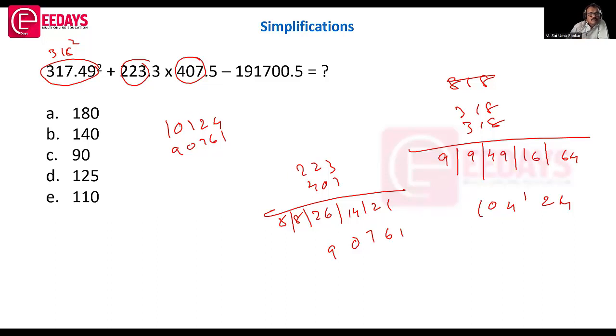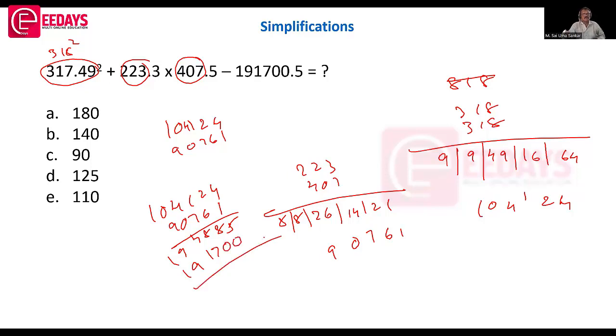One zero four. Okay. 104124, 90761. This is 5 and this is 8. This is 8. This is 491. 191700. Approximate. This is equal to 5. Unit digit is 5. Approximate 125 is the answer.